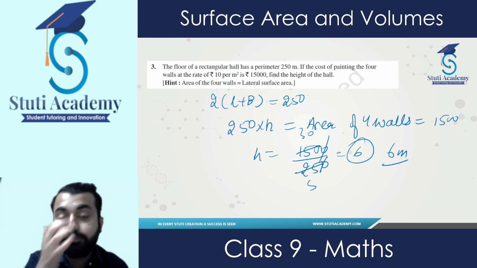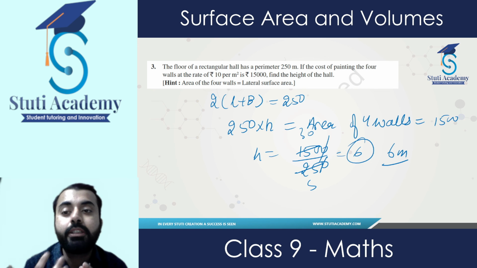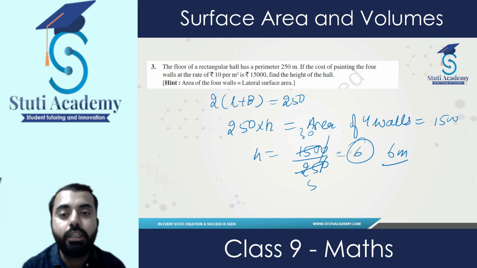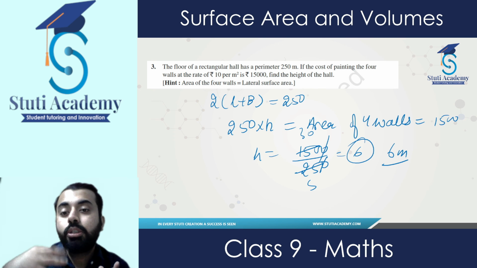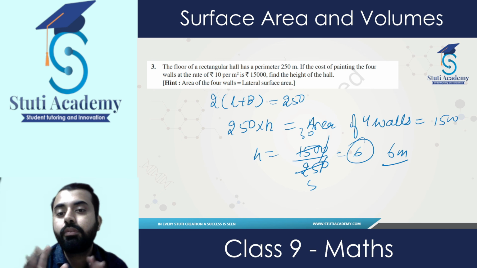Now I knew its perimeter. The perimeter of the base was 250. I knew the area of 4 walls is the perimeter of the base multiplied by its height. I had to find its height. I knew its perimeter, 250 into h will be my total area. And I knew total area multiplied by 10 gave me 15,000. That was the total cost of painting the four walls.